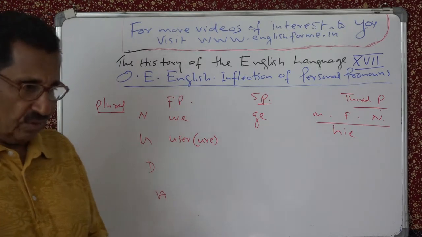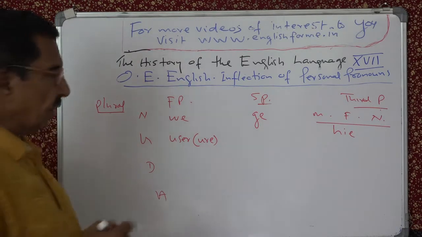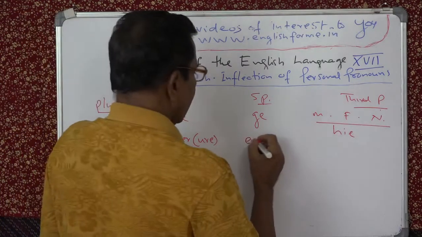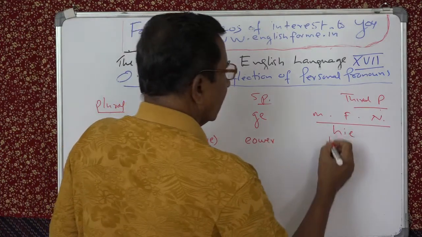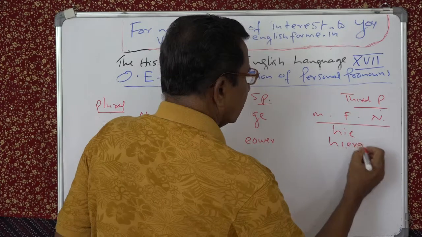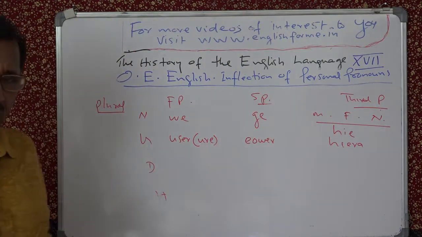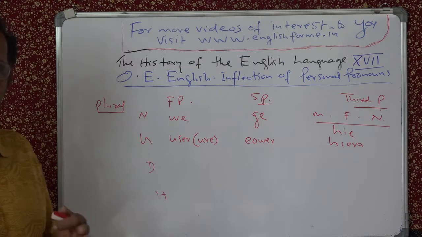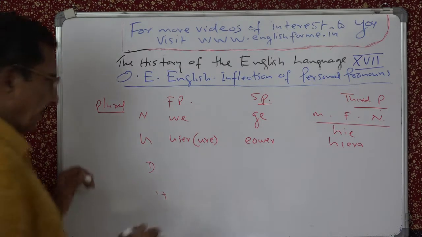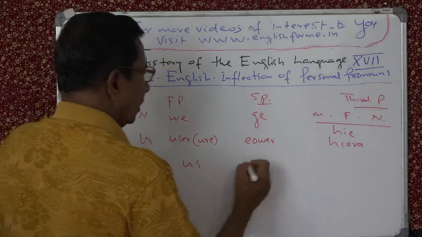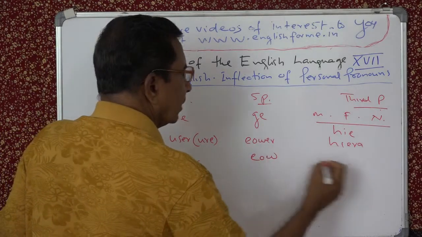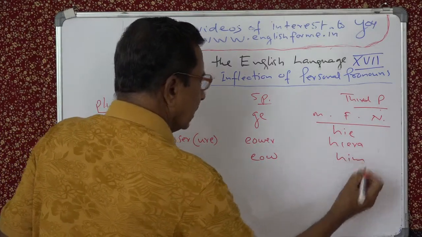Our company is ure, user. Your, here. That is genitive case. And genitive accusative you have whose, your, and him. That is dative case.